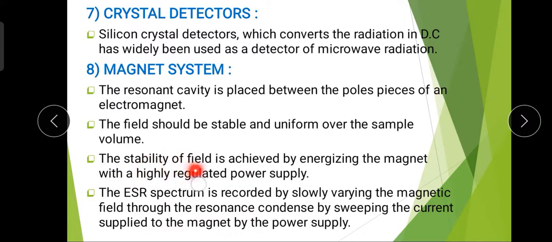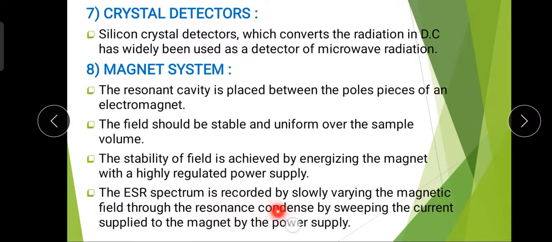The stability of the field is achieved by energizing the magnet with a highly regulated power supply. In an ESR we can vary the magnetic field and we keep the frequency at a particular value, or constant. So in order to vary the magnetic field we have to vary the power supply of the magnet, so that we can vary the current and we get the varying magnetic field.